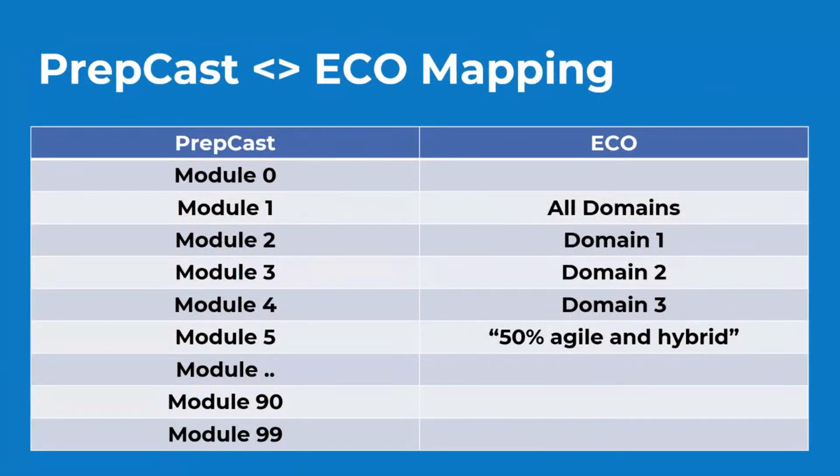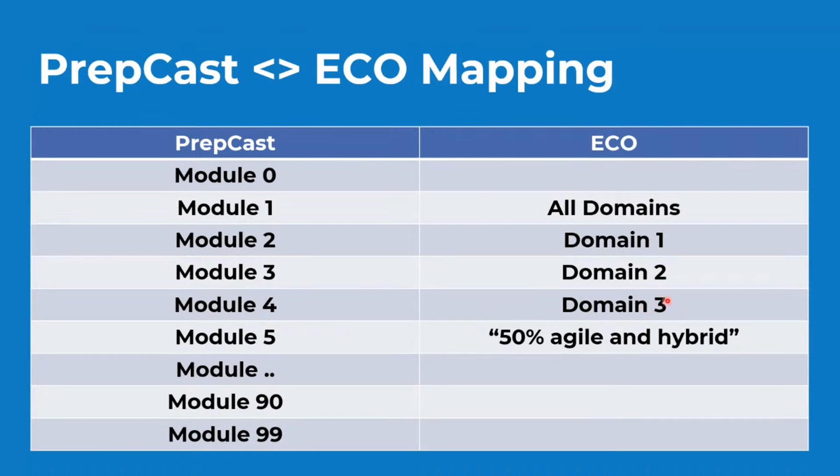What I can also tell you is that there is a mapping between the PrepCast lesson directory and the ECO. What we have here is Module 1 in the PrepCast. That covers a lot of fundamentals for the PMP exam, so it kind of covers all the domains that we have. And this pains me to no end. Module 2 is domain 1. Module 3 is domain 2, and Module 4 is domain 3.